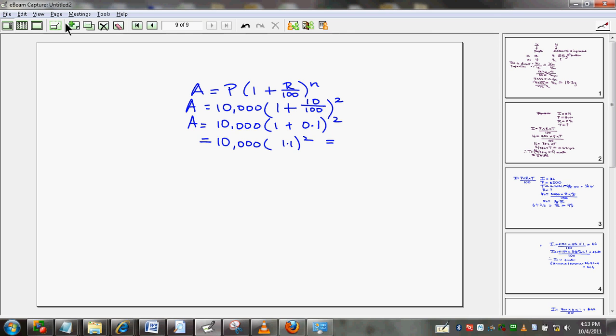Right? And you could do that easily on your calculator, 1.1 squared. Here's an x squared button, and you multiply that answer by 10,000, and you should get 12,100. Okay? So you get the answer as $12,100, which would be giving you the amount accruing.